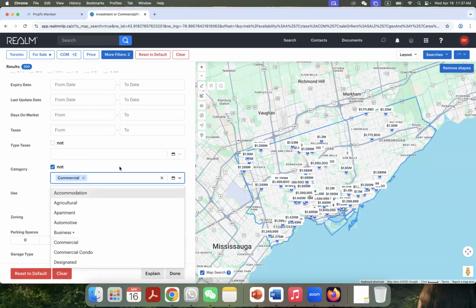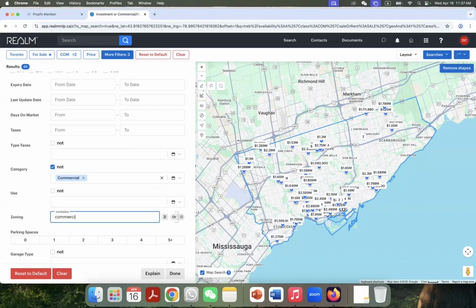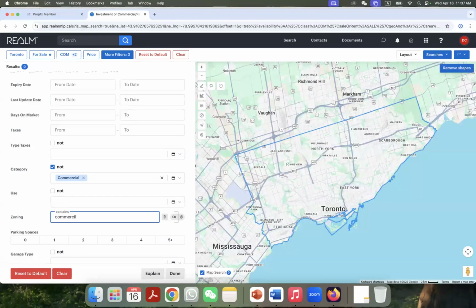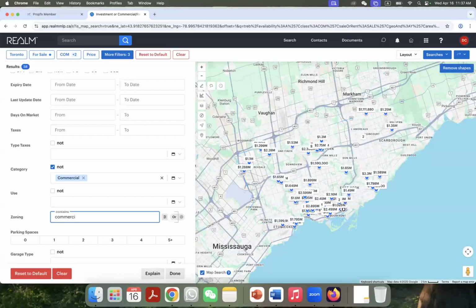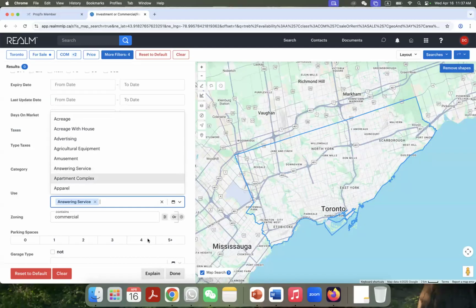The use, you can set even better, whatever you need. Zoning, commercial as well. So this is commercial use. In this way, there's a lot of listings there, right? And if you want more specific, you can do whatever you need.